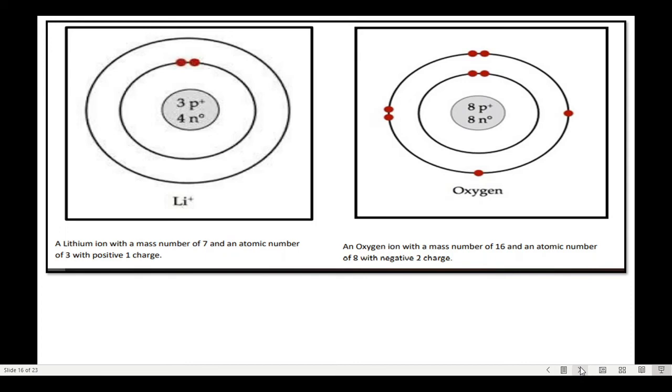So, 3 Li lithium, 3 ang atomic number, 3 ang proton. Hindi pwedeng magbago yung dalawang yon. Proton is always equal to atomic number. Kasi yung proton ang nagsasabi kung anong uri ng element siya. Hindi mo pwedeng sabihin na 4 ang proton ni lithium. Kasi therefore, hindi na si lithium yon. Ibang element na kapag 4.